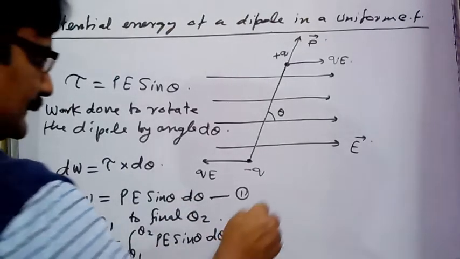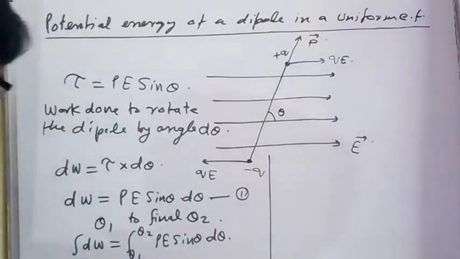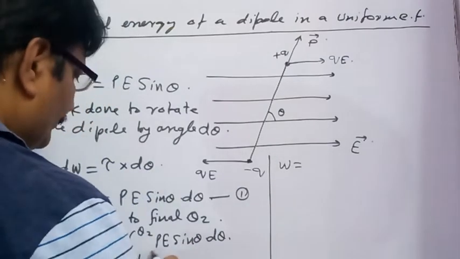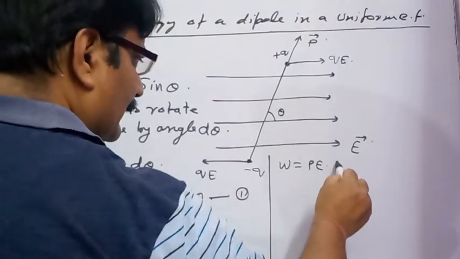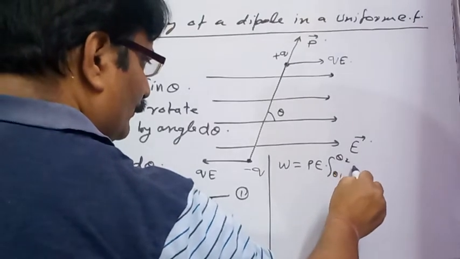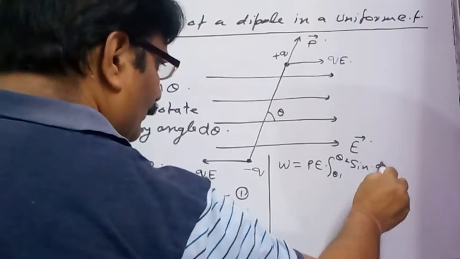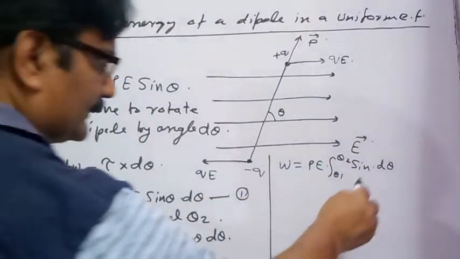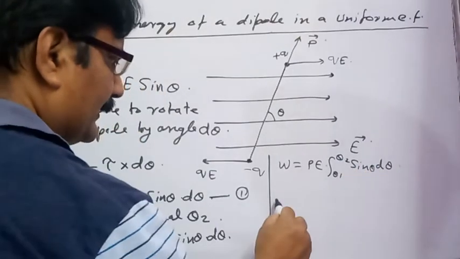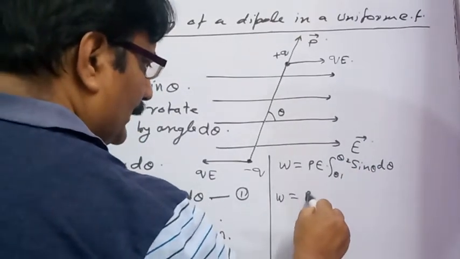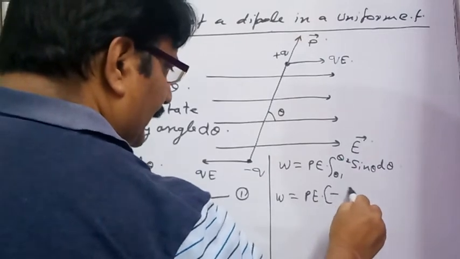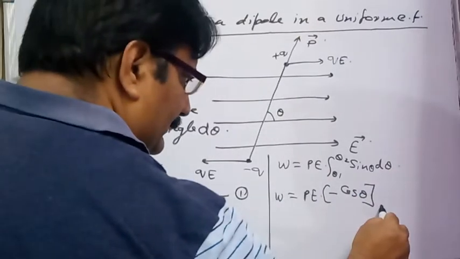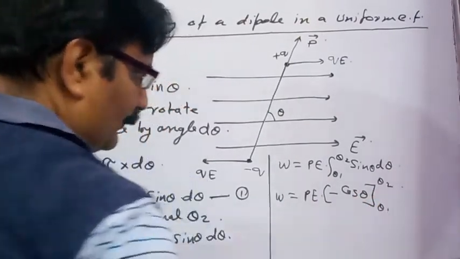After integration, the integral of dW is W, PE is constant, integral from theta 1 to theta 2 of sin theta d theta. What is the integration of sin theta? The integration of sin theta is minus cos theta, so we can write W is equal to P into E times minus cos theta, with limits theta 1 to theta 2.